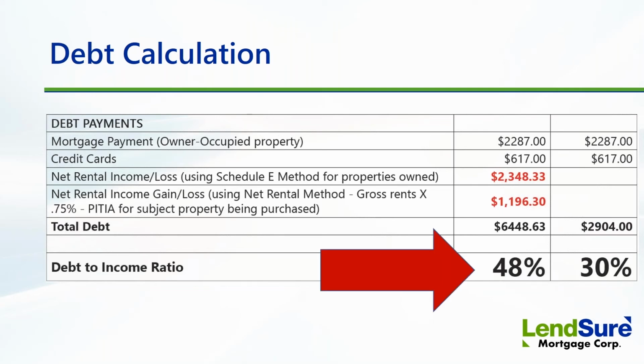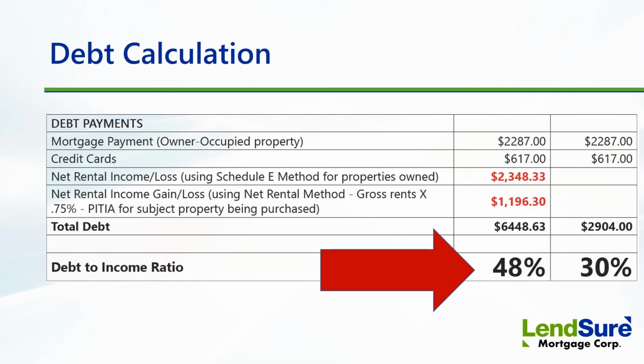And so when you do that, the debt payments, as you can see, include the mortgage payment on the owner-occupied property, and the guy had some credit cards. You can see the negatives that Fannie Mae would put down as debts, the $2,300 and $1,100, make their total debts $6,448. So this guy came out to be a 48% DTI, and that blew the deal.